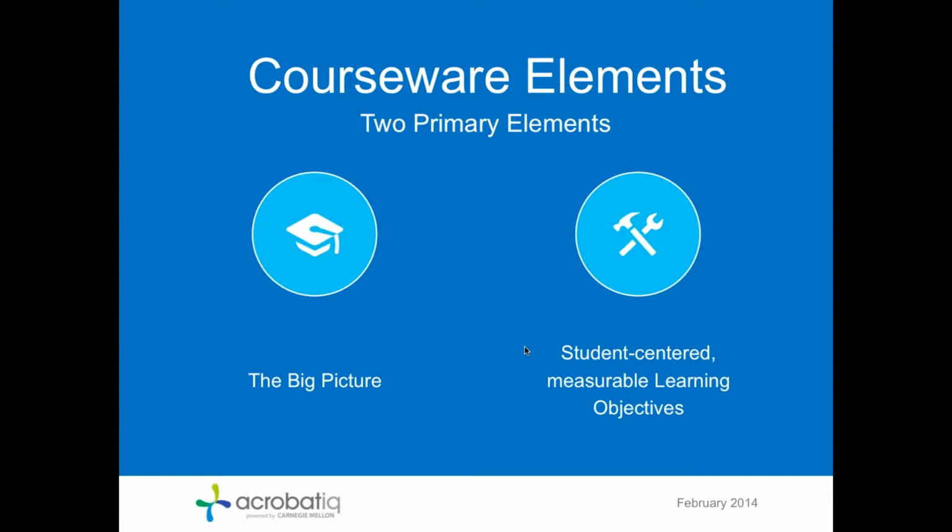As described, the big picture is literally a picture. It depicts key aspects of the subject domain. It provides a knowledge structure or a construct in which students can relate the new concepts and skills that they are learning. For example, the big picture in Acrobatiq's probability and statistics course depicts the process of converting data into useful information.